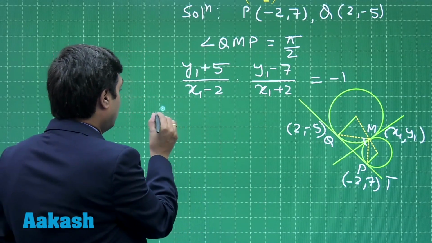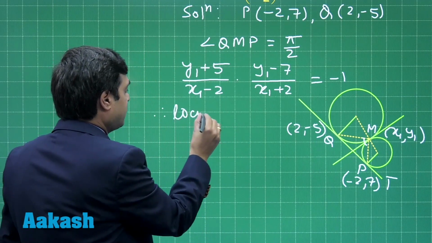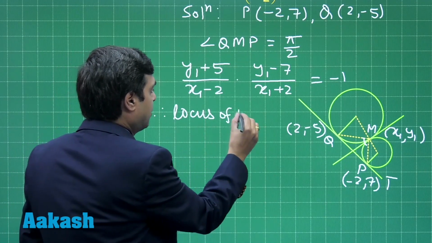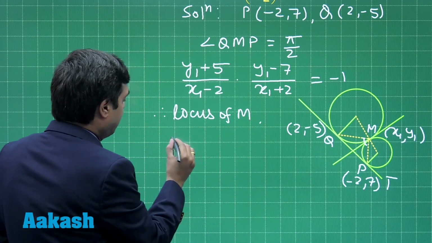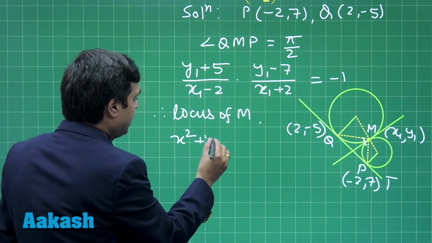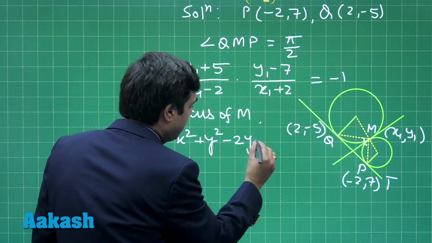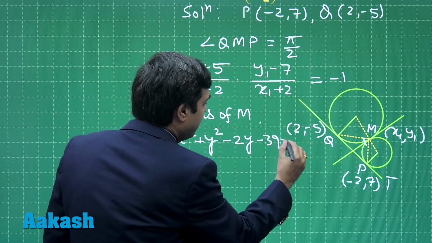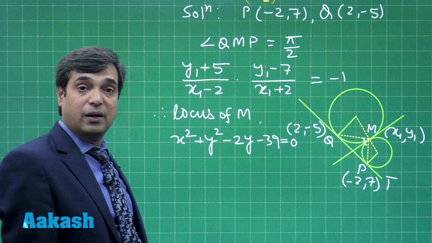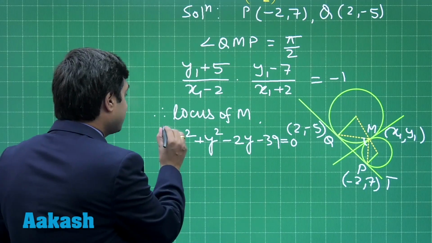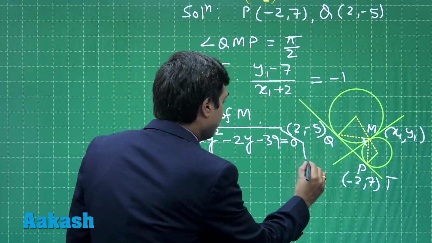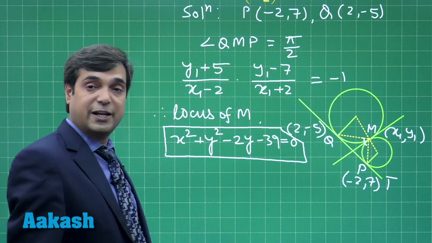Simplifying, it gives us the locus of M as x square plus y square minus 2y minus 39 is equal to 0. Correct? This one we get as the locus of M as per the given statements.